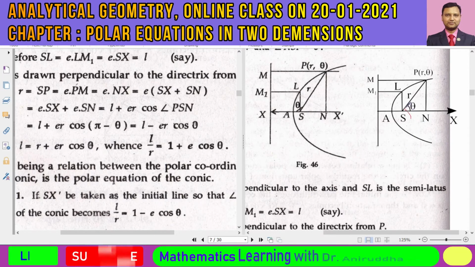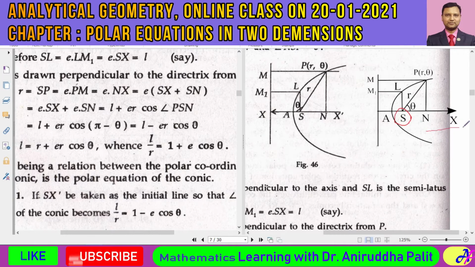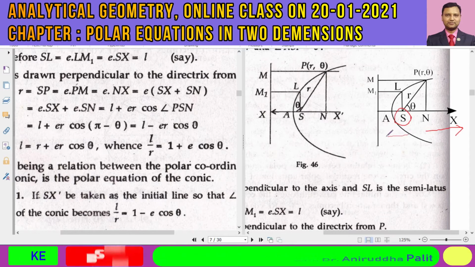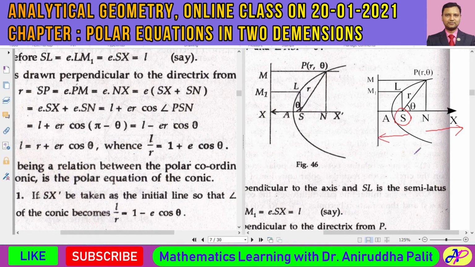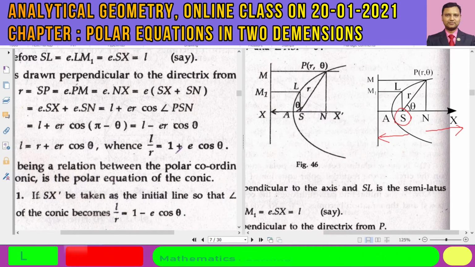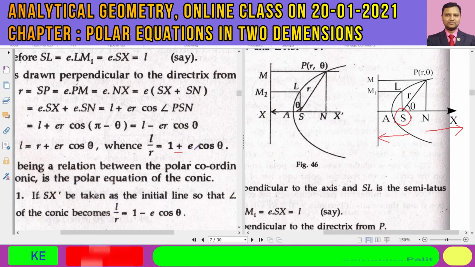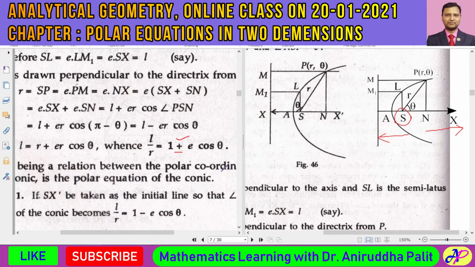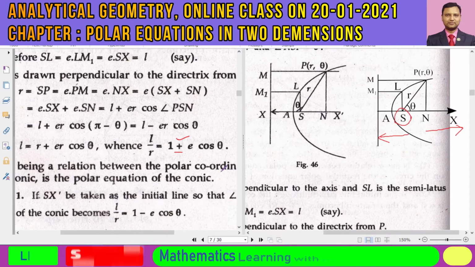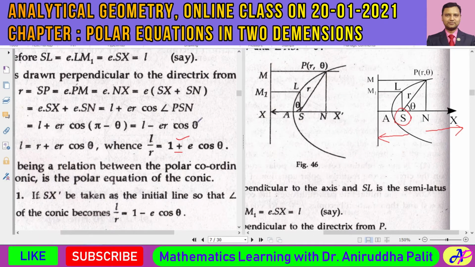We observe that with respect to this focus, the initial axis is situated in the right side, the positive direction of initial axis is right side, and this directrix is situated on the left side. So they are in opposite direction. So if we get opposite direction like this, then we will get the equation of the conic as L by r is equal to 1 minus E cos theta. So in that case negative sign would come in place of positive symbol. So if we have the same side of initial axis and the directrix, then positive symbol would come.